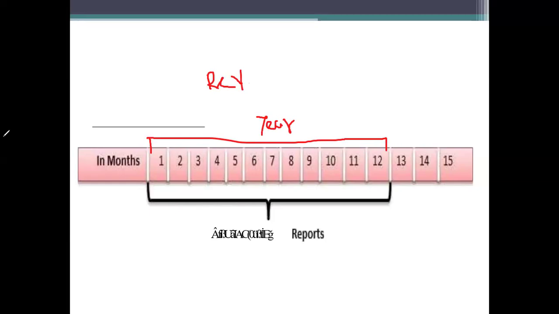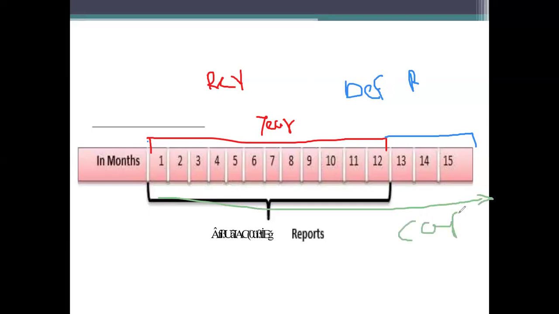If I'm recording the transactions which are more than 12 months, but up to 15, then it is called deferred revenue. And the transactions which extend beyond this period are called capital expenses or records.